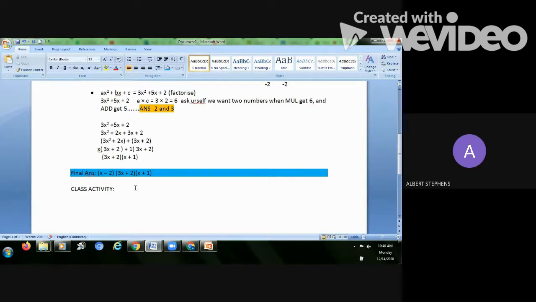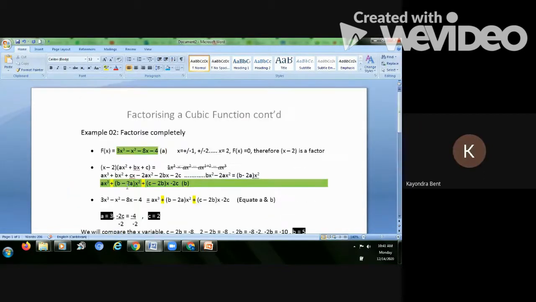Let me not stress you yet about that, but basically what you do is put this equal to 0, that equal to 0, and that one equal to 0, and you just get 3 x values. That's all.